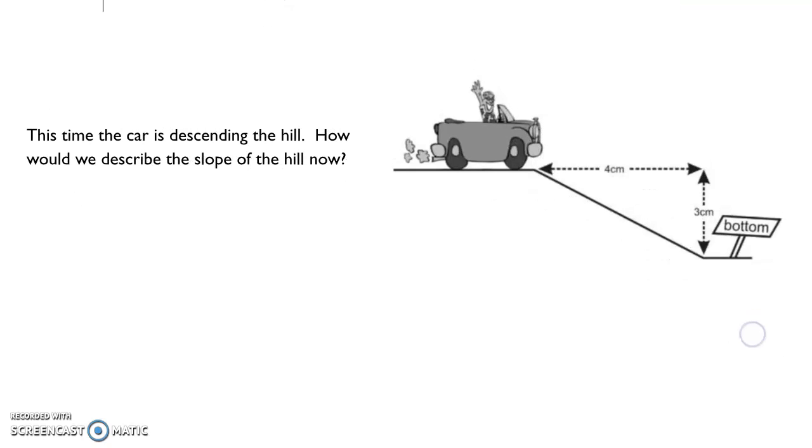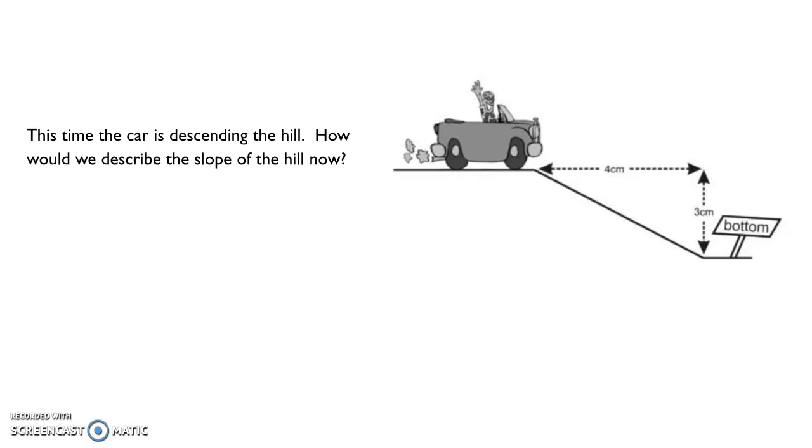Taking a quick look at the second example, because it is a little bit different. In this case, the car is descending down the hill. Again, we read this left to right. This time the car is descending the hill. Not "hill the descending, is car the time this."